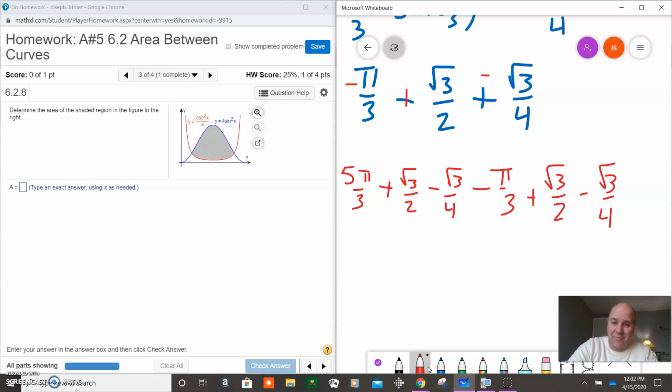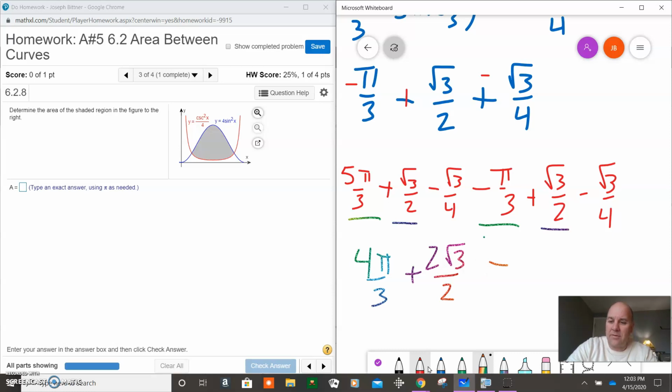So let me see, I'm going to do this in a different color. I can combine the pi over 3 here. So 5 minus 1 is going to be 4 pi over 3. I can combine these two together. It will become 2 square root of 3 over 2 minus, I can combine those last two, negative square root of 3 over 4.